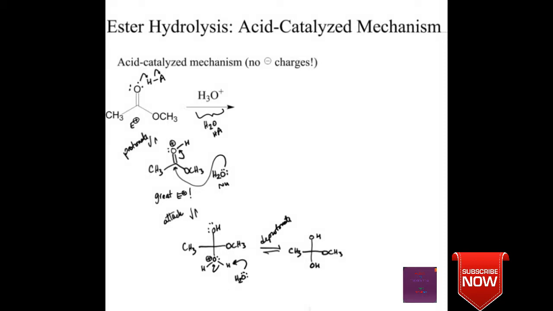So who is my leaving group going to be? It's going to be this methoxy group. How do I make it a good leaving group in acid? I need to protonate it. So I'll bring my HA back in. Protonate the methoxy group to be a good leaving group.